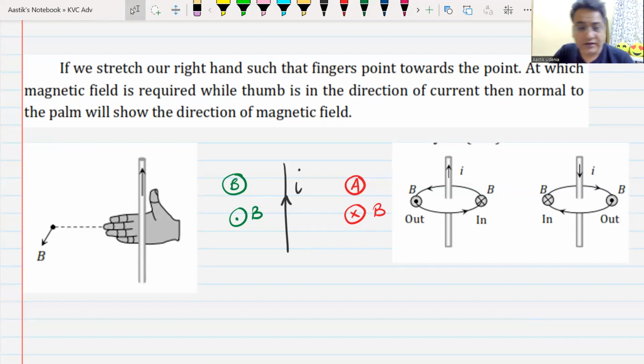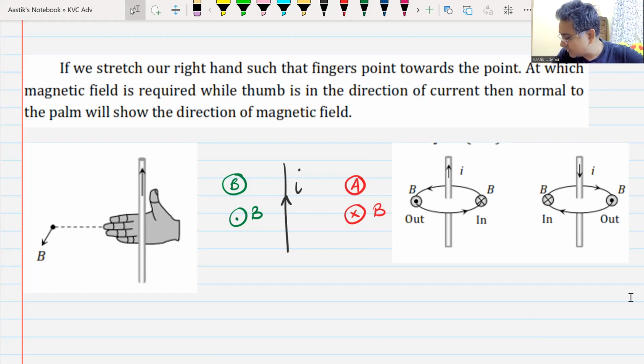Now, if you look at the same thing from a different point of view, right now I'm looking at it from the front. Current is like this. If I look at the same thing from the top, it would look like this.